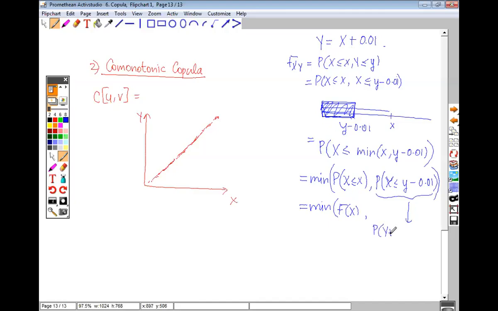I have the probability of y minus, because I'm writing x less than or equal to y minus 0.01. That would again cancel each other out and you will be left with only something like this. And so at the end, what you have is the minimum of f of x, comma, f of y.